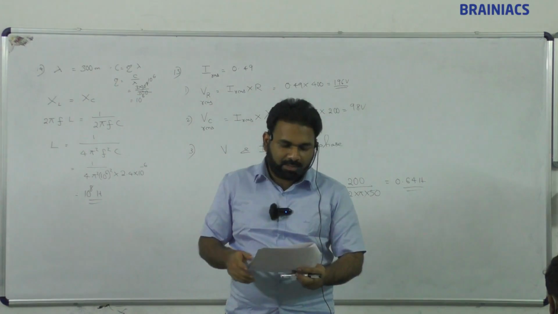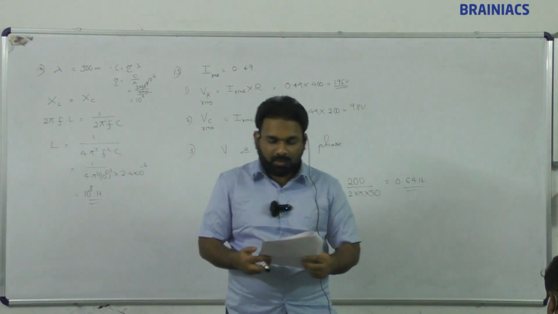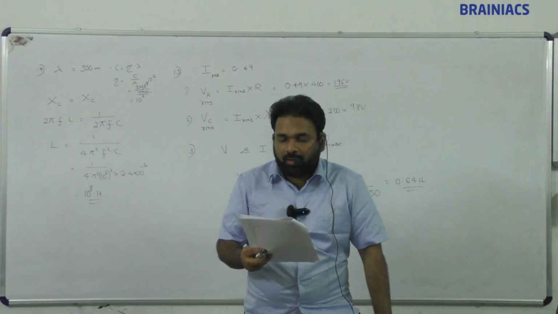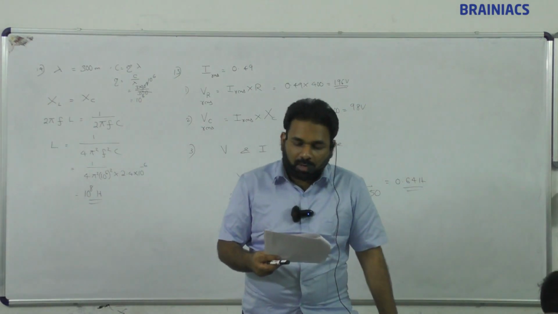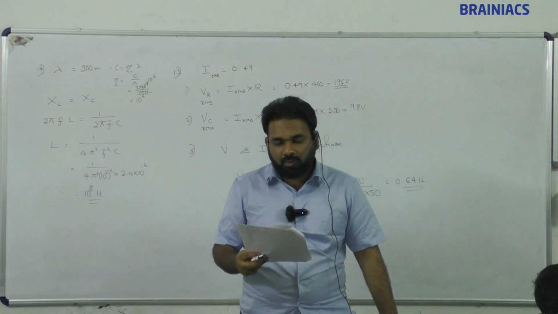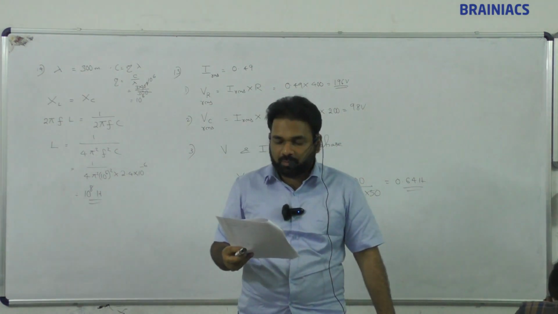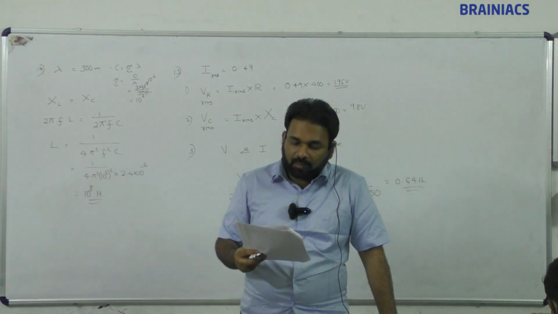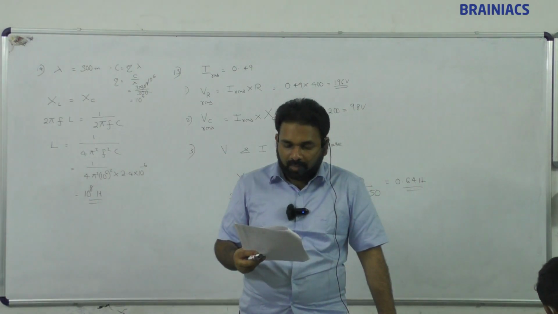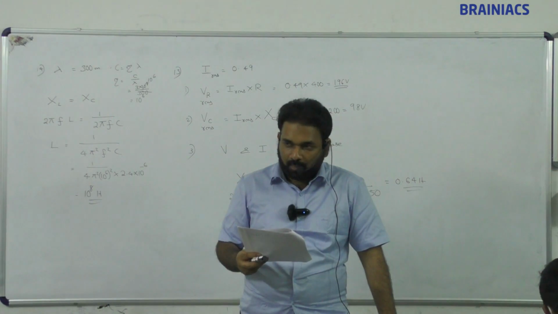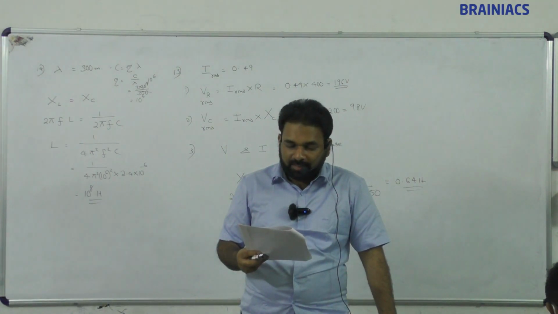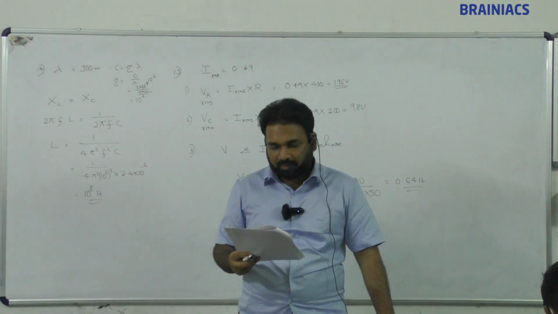Let us see an LCR series circuit with L equal to 100 millihenry, capacitance equal to 100 microfarad, resistance equal to 120 ohm, connected to an AC source of E equal to 30 sine 100 T. Find the impedance, peak current and resonant frequency.